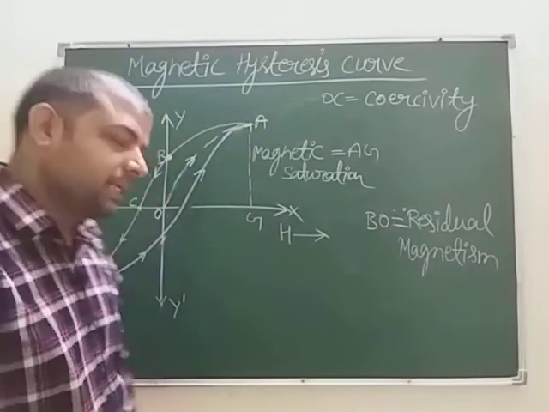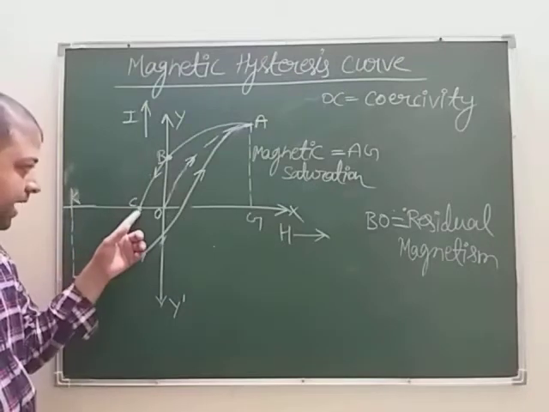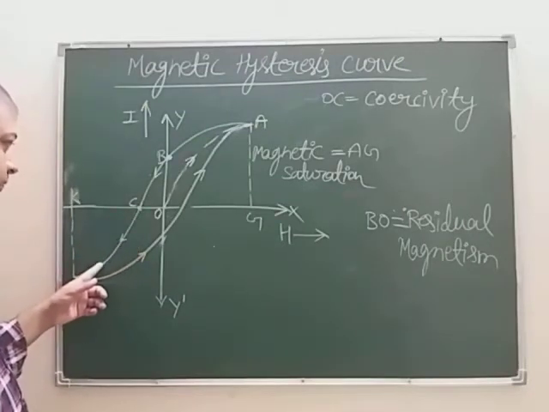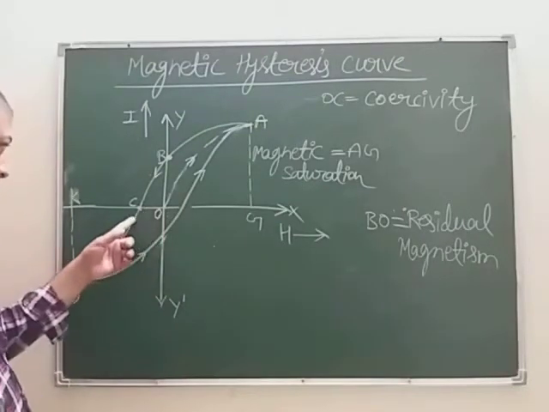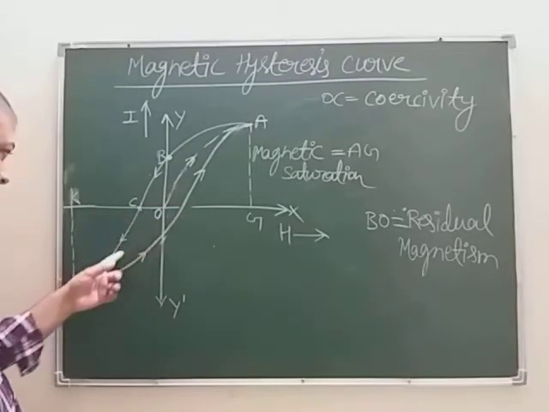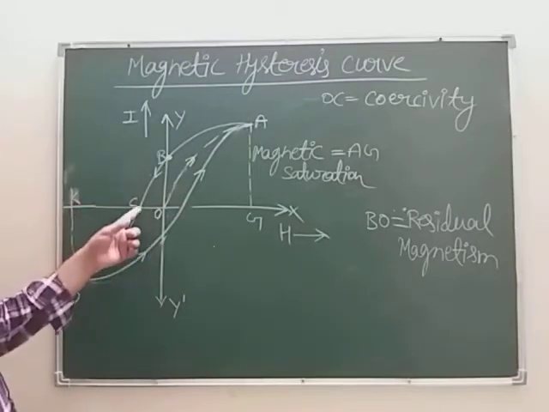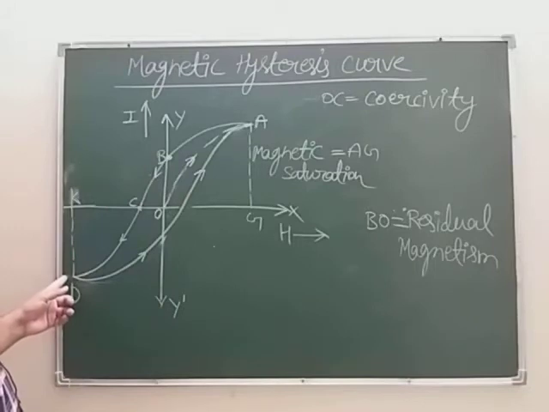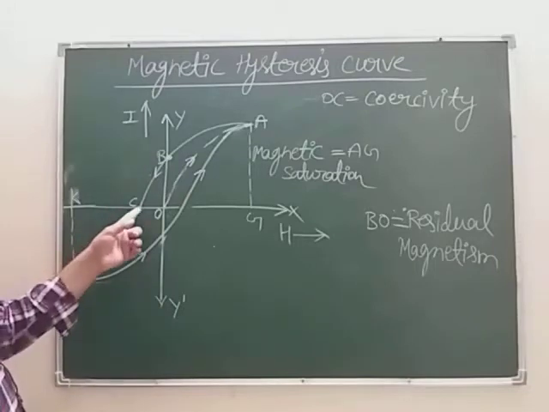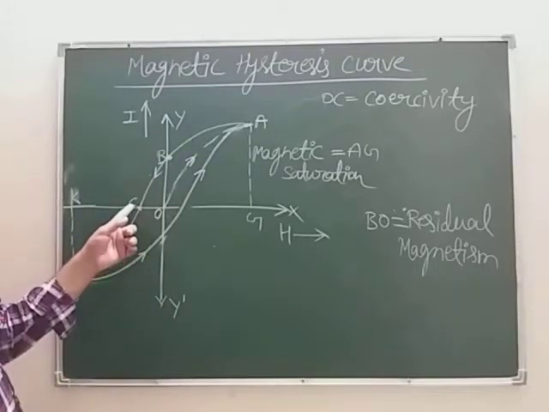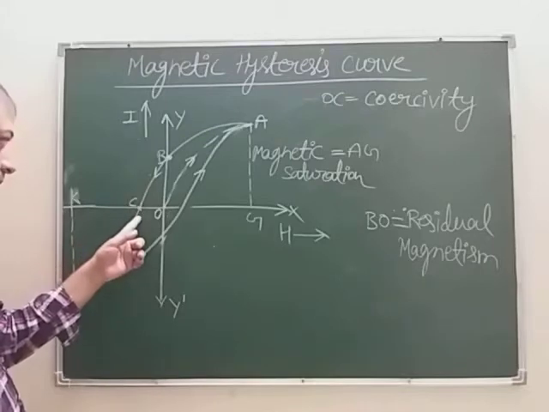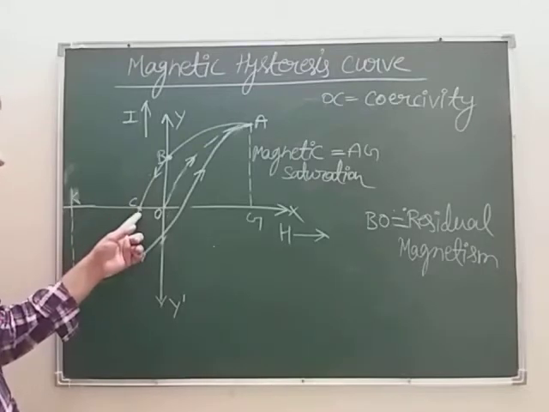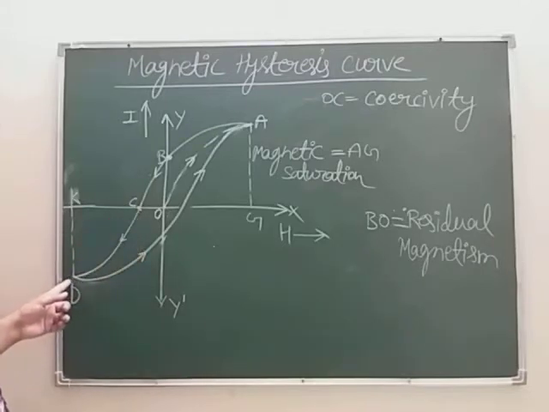Now look at the graph again. If I further increase the value of H and I, the graph will move in this way.